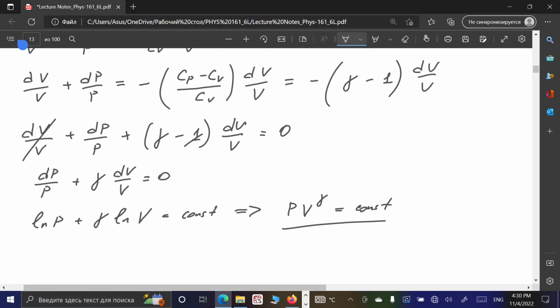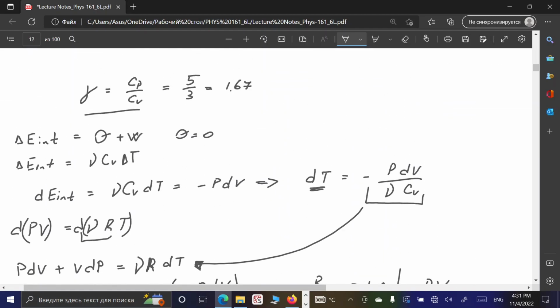As you recall few lectures ago, we discussed how pressure and volume depend on each other in isothermal process, and that was P times V is equal to constant. So where this power was unity. Since gamma, which is equal to Cp over Cv, is larger than unity because Cp is larger than Cv, adiabatic process will be depicted in this PV coordinates as steeper process.